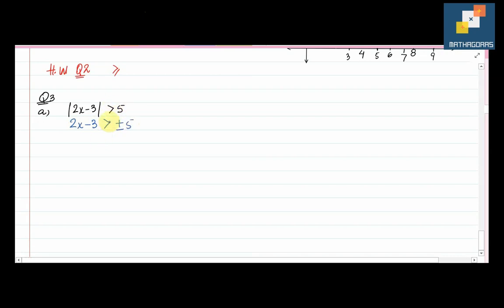Before starting, I am going to highlight this sign, because this sign will tell us about the range of x we are going to pick at the end. So once you take the positive sign, it's 2x minus 3 should be greater than 5, and 2x minus 3 should be greater than negative 5.